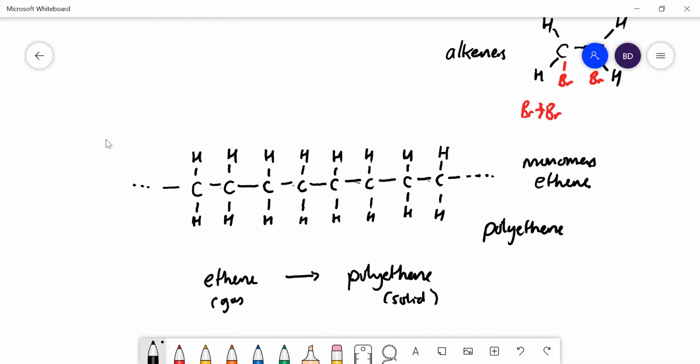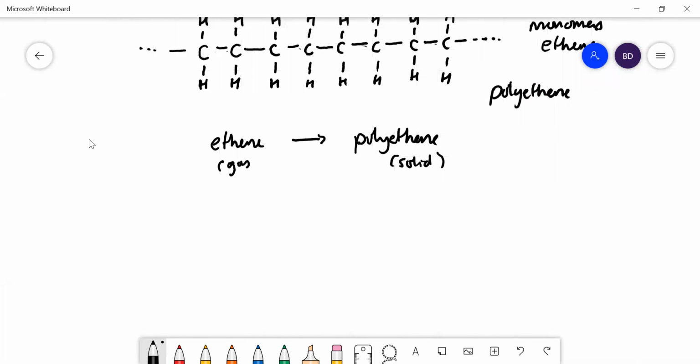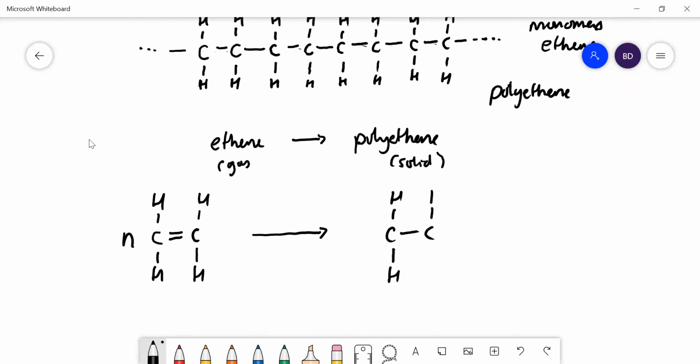Okay, so how do we draw this out? Well, the way we normally draw this out, rather than doing what I just did, we would write down an ethene molecule, and to show there's lots of them, we'd put n in front, so you've got n ethene molecules. Now they're going to react, and they're going to form a polymer. What you do is you just draw something called a repeating unit.